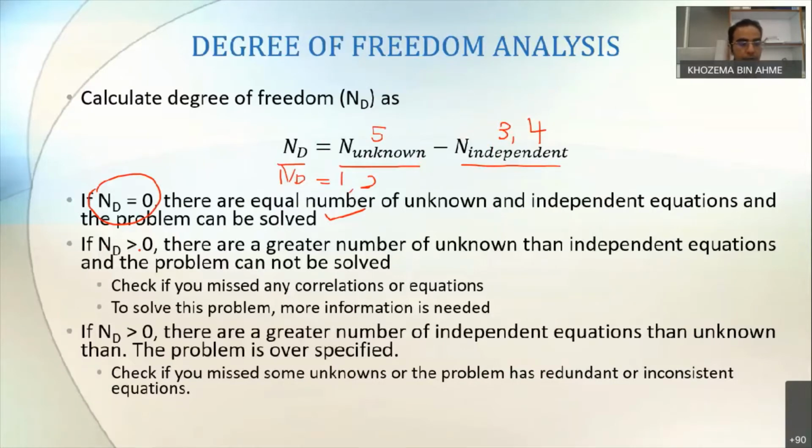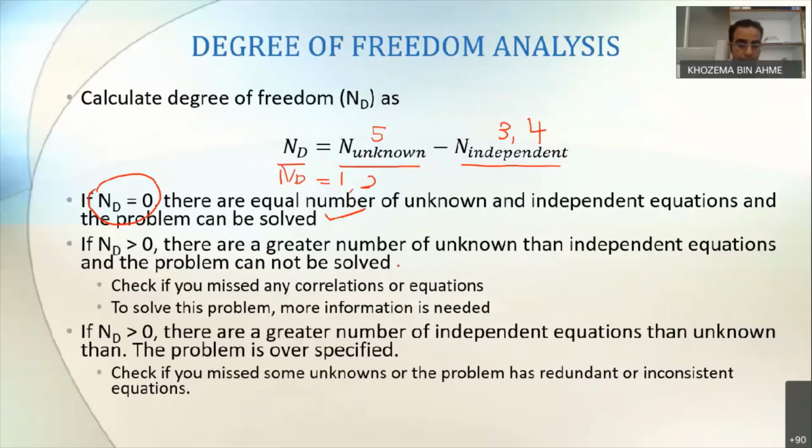So if N_D is greater than 0, whether 1, 2, 3, 4, no matter what, there are more unknowns than independent equations, and the problem cannot be solved. This is a very, very important rule.